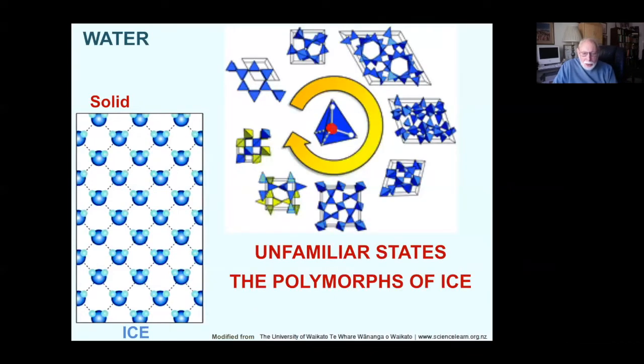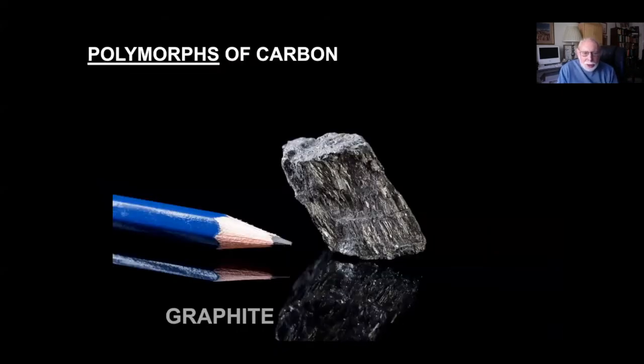But it turns out there are a whole bunch of, to me, unfamiliar states of water. These are polymorphs of ice. Polymorph just means different forms of the same material. And probably the classic example is pure carbon. It forms graphite, which is black and greasy and so soft that if you pull a point of it across a piece of paper, it leaves a line.